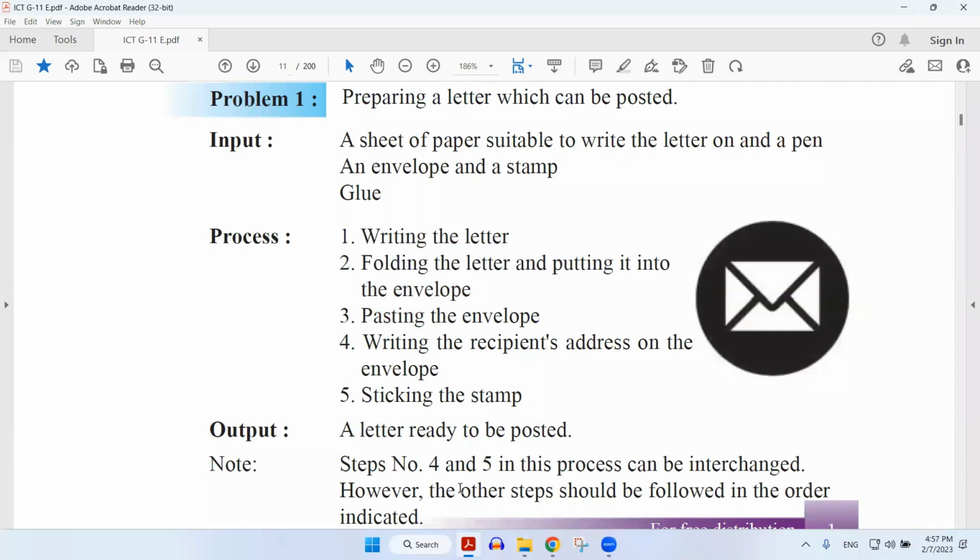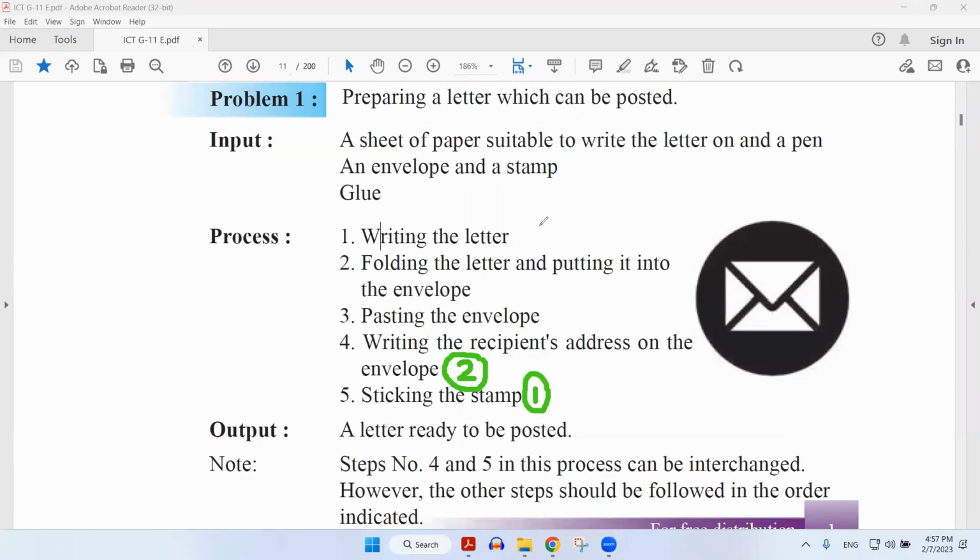Like how? Someone can say, okay, I'm not going to write the letter first, and I'm going to stick the stamp first, right? He can stick the stamp on the envelope. No, it doesn't matter, right? And later he can write the recipient's address, right?